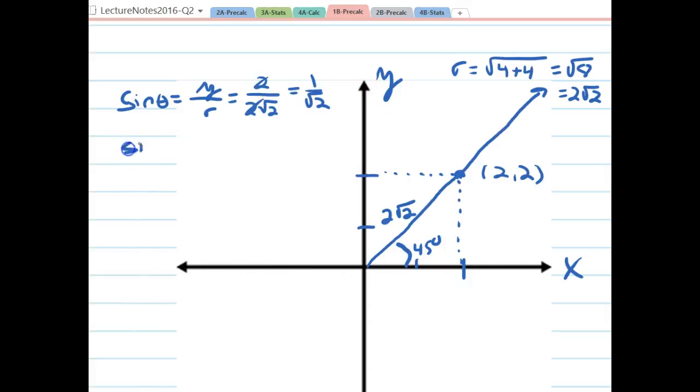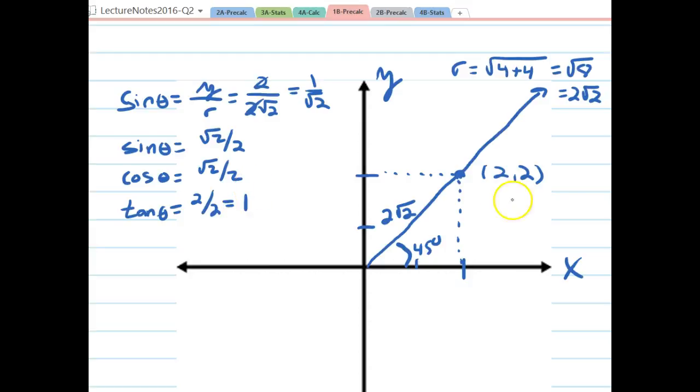I can obviously rationalize that. I'm going to get root 2 over 2. Cosine will be no different because the x value is the same as the y value. So it's also root 2 over 2. The tangent function is going to be 2 over 2, which is 1.